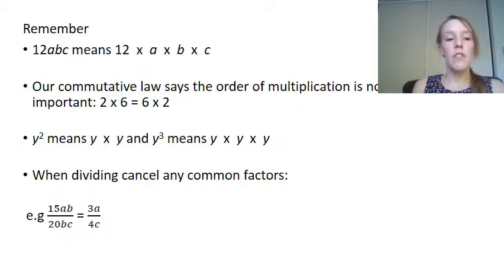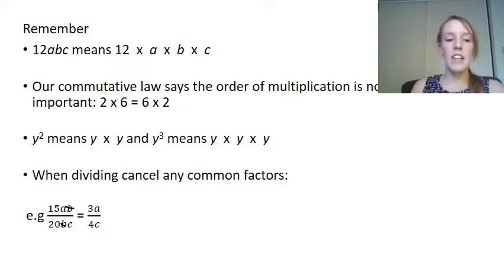And also when we're dividing, we should cancel out any common factors so we can simplify. So for instance, down the bottom here, we've got 15AB, so 15 times A times B, divided by 20 times B times C. And we can actually cancel common factors there. So we can cancel out the B's because B divided by B is going to be 1.